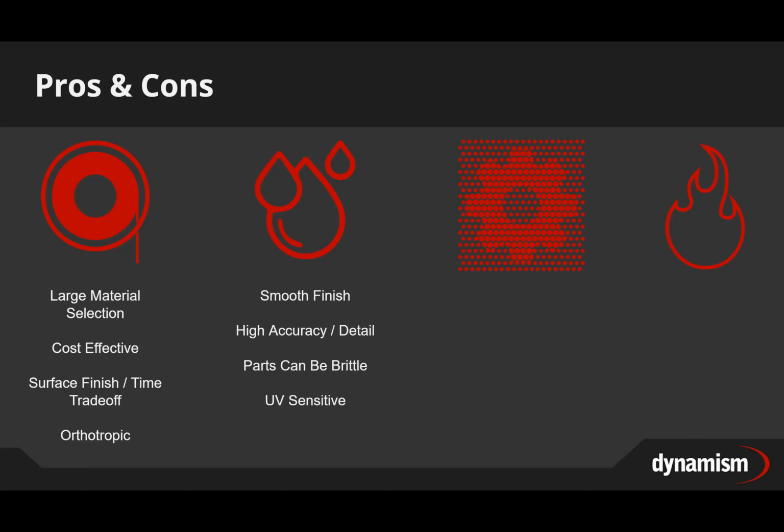For SLS, or powder bed fusion, a great thing about this is you're able to do lots of parts in one build volume, so you're printing multiple parts. Great material properties on this side, but there are very few materials for the SLS side.